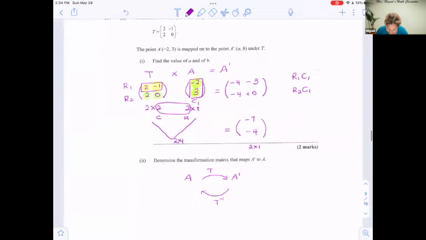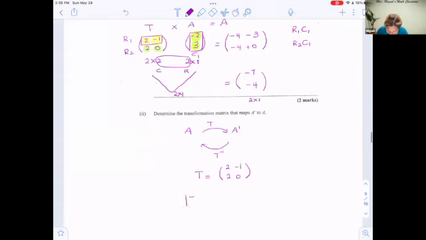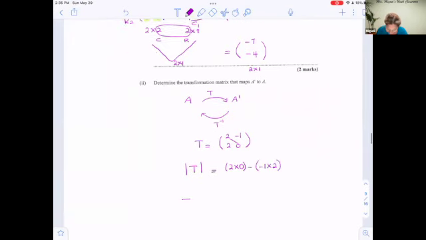So T is equal to 2, -1, 2, 0. And we want to find the determinant of T. You find the determinant by crossing opposite ends of the diagonal. So you multiply 2 by 0, take away -1 by 2. And T inverse is equal to 1 over the determinant.